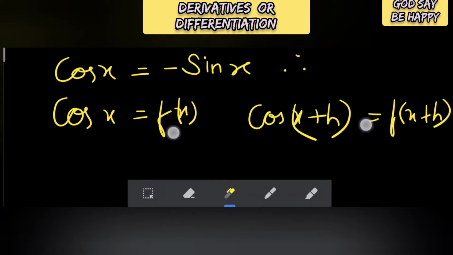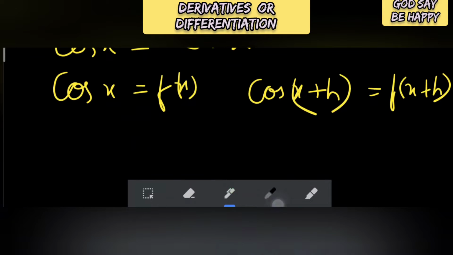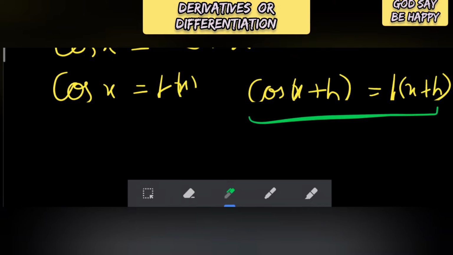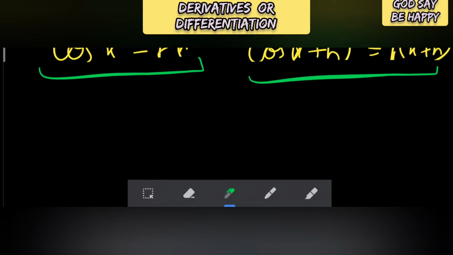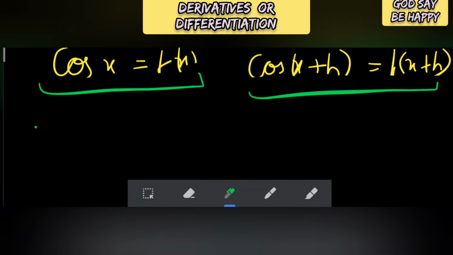Now, it's very simple to prove. This is f(x), this is f(x + h). So we will put them in the first principle method, and you can also consider it as a question to find the derivative using first principle method. After this I will also give you certain tricks to do derivatives.